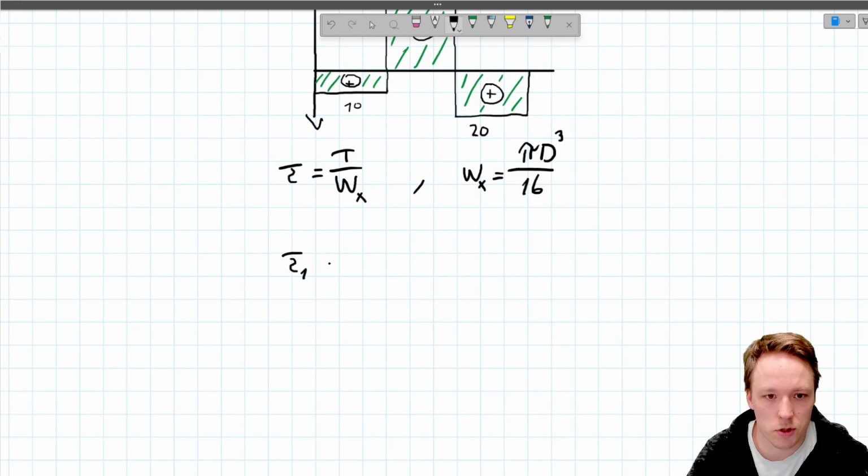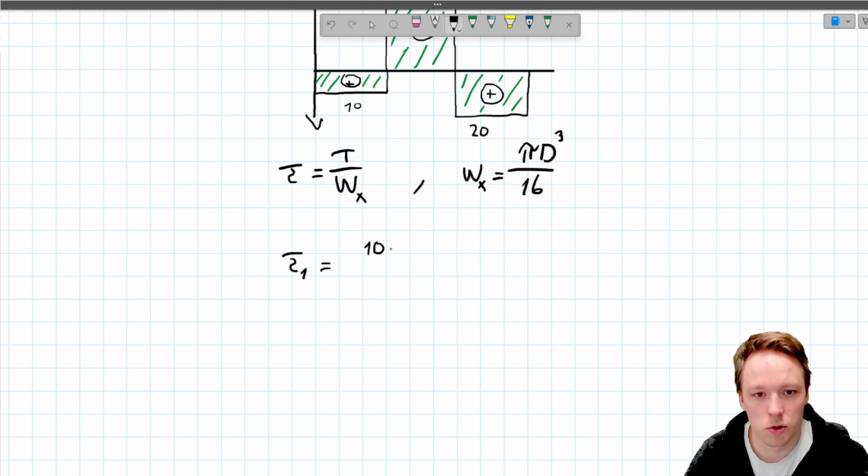So for cross section 1, tau 1, the internal torque is 10. It was Newton meters, so we must multiply by 10 to the power 3 Newton millimeters divided by the Wx, the section modulus of the first cross section.